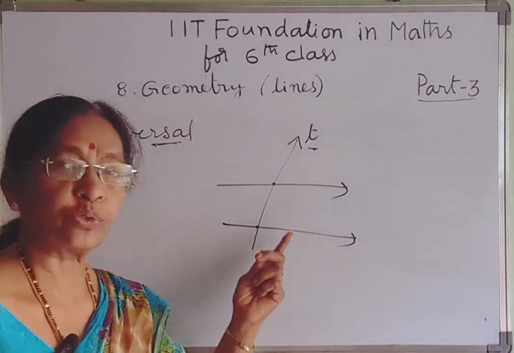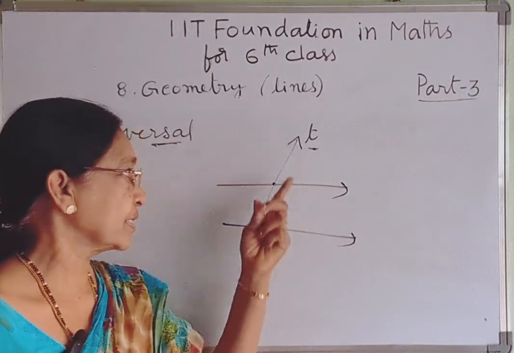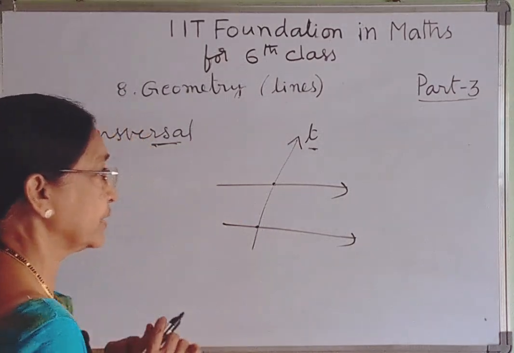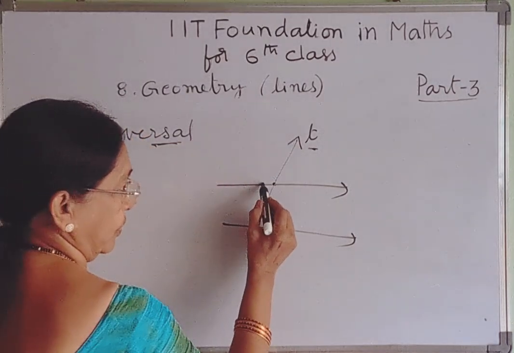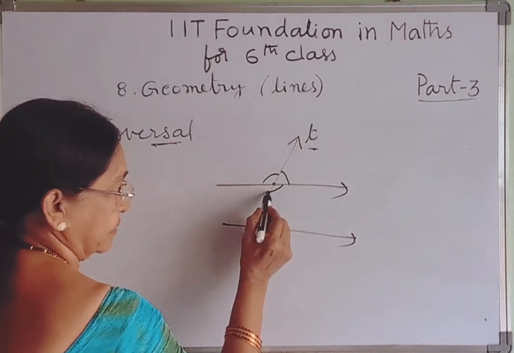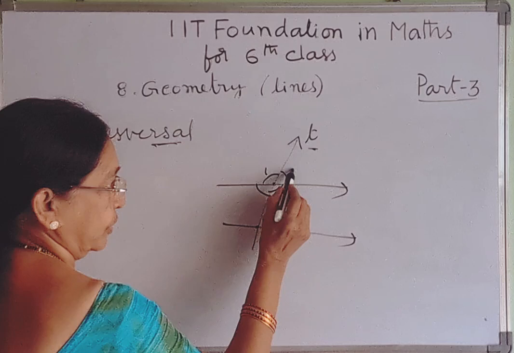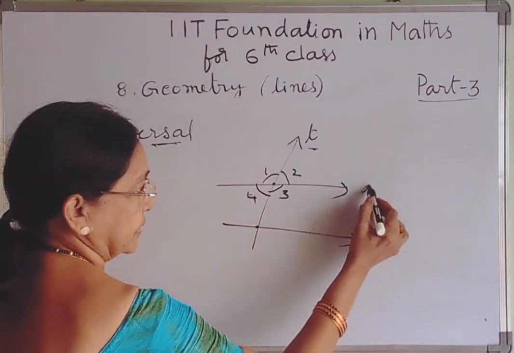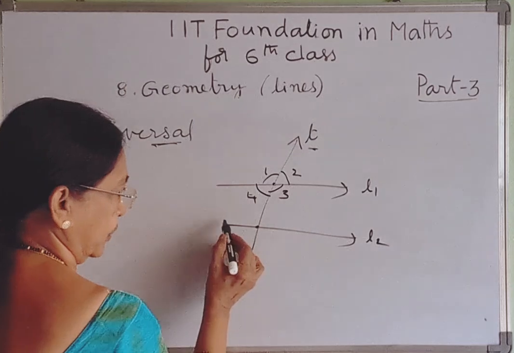So, when two lines are intersected by a line at two distinct points, then 8 angles are formed. For example, this is one angle, this is another angle, and so on; angles 1, 2, 3 and 4 are formed here. This is line L1 and this is line L2.